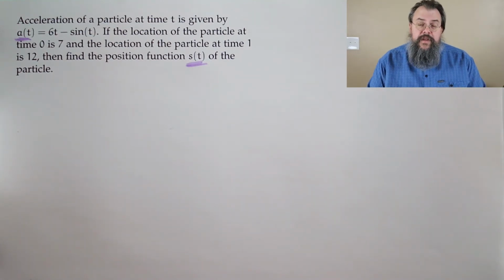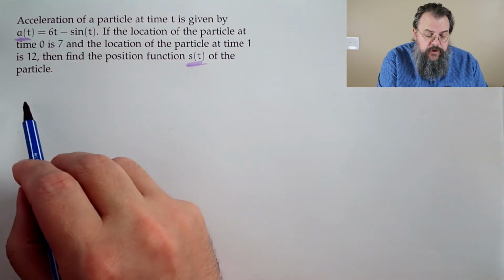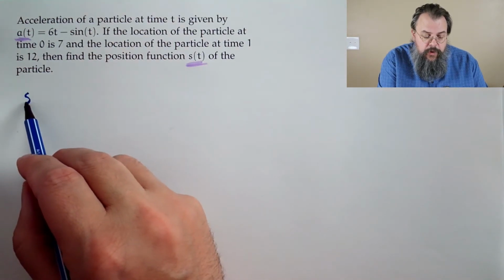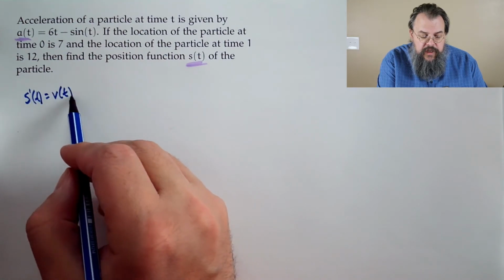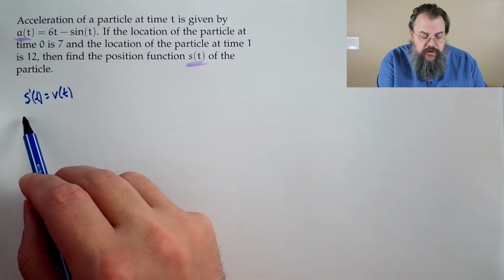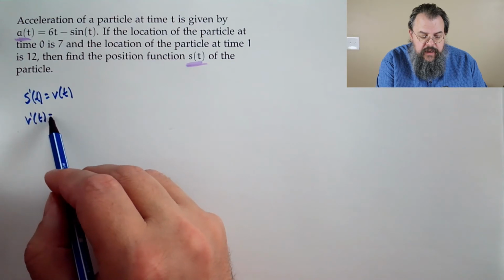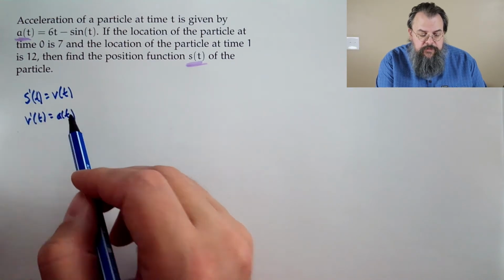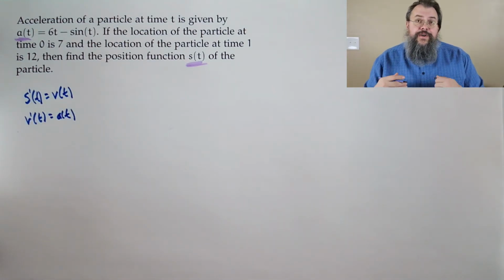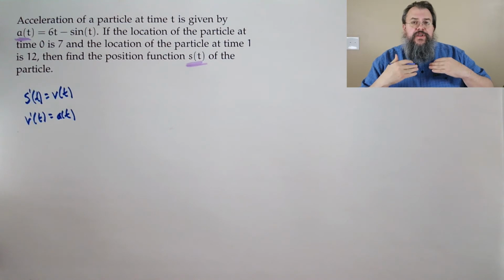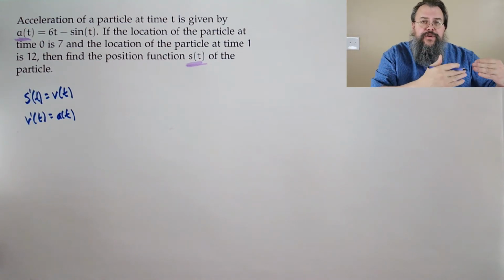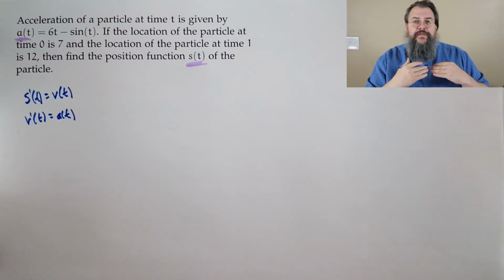Well, we know a couple of things. For instance, if we took one derivative of position, that gave us velocity. And if we took the derivative of velocity, that gave us acceleration. So if we have acceleration, we really have the information about the position after it's gone through 2 rounds of derivatives.